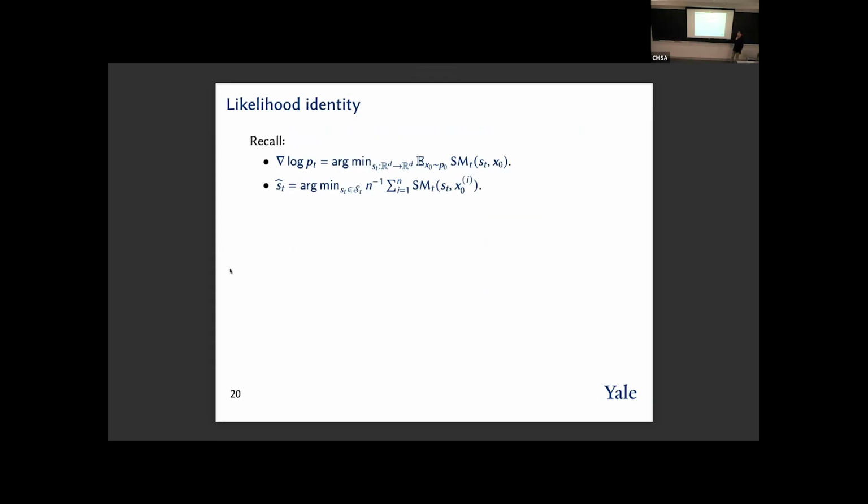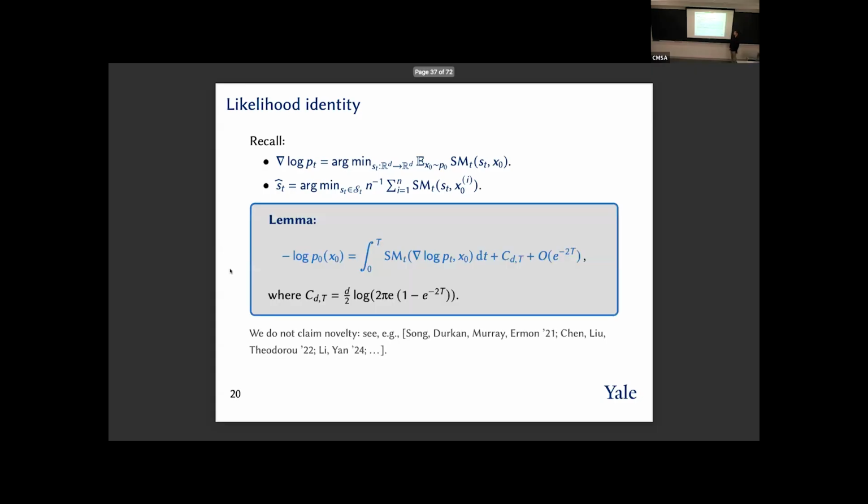Okay, just to recap, the true score is the minimizer of this population objective. The score that we learn, well, we try to solve this empirical objective instead. Now here's the identity. The identity says that the minus log density of my data distribution at any point x0 is exactly equal to the following.